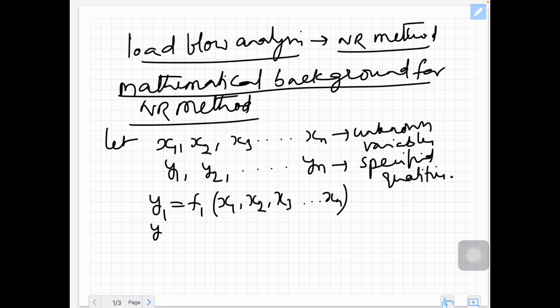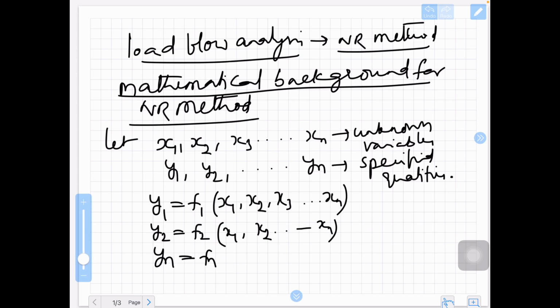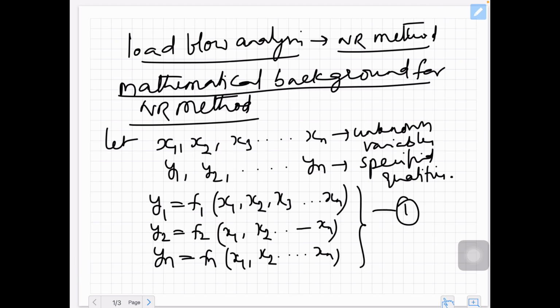Similarly, we can write y2 is f2 of x1, x2 etc. up to xn, and similarly yn is equal to fn of x1, x2 etc. up to xn. These set of equations, let us call it equation number 1.